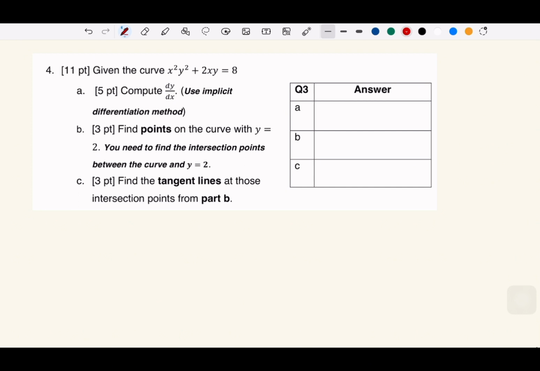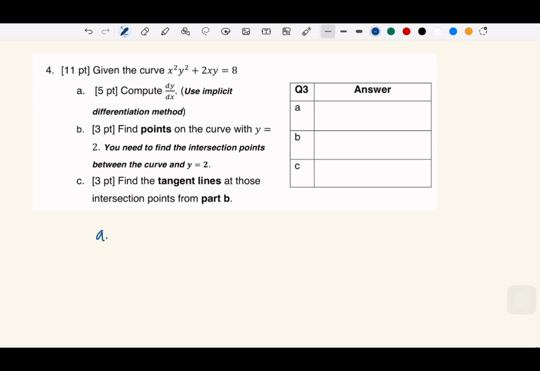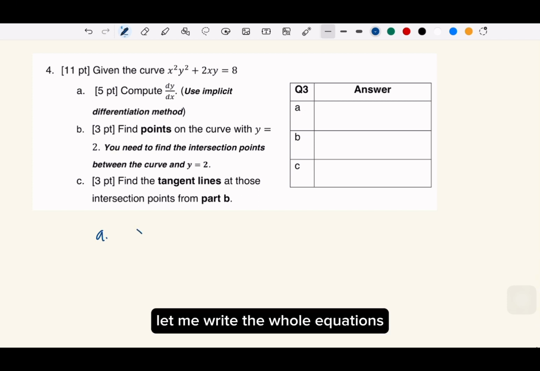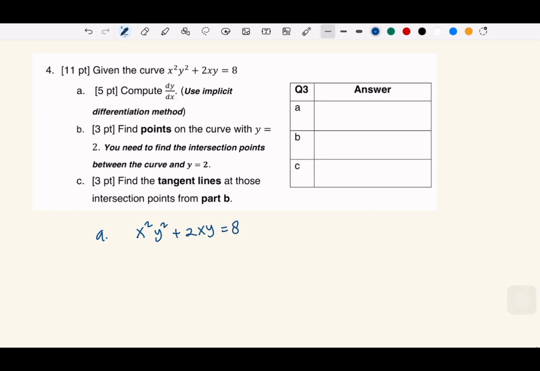So doing the implicit differentiation, I hope you get the correct dy dx, the first derivative. So let me write the whole equation: x squared y squared plus 2xy equals 8.